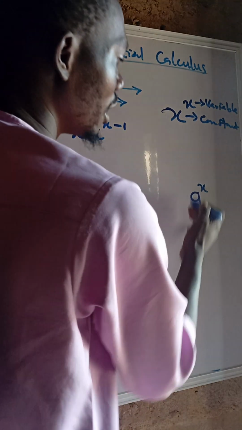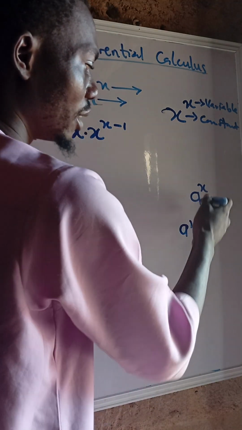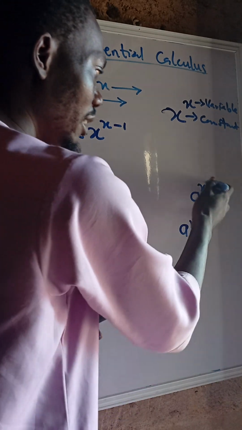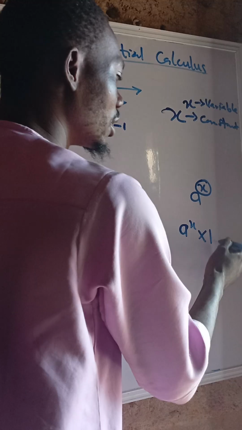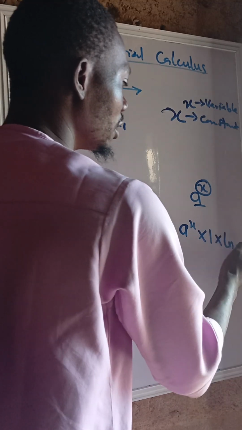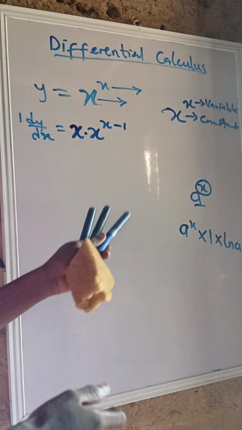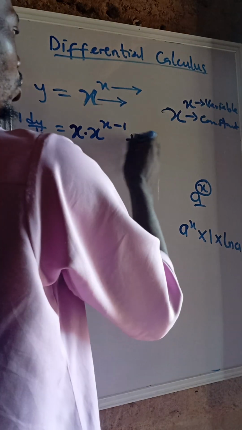Okay, so what you say is that you will write the function to get the derivative. You write the function, then differentiate this, and that will be 1. Okay, then you say ln the base. I hope you remember. So that is the same thing you do here.